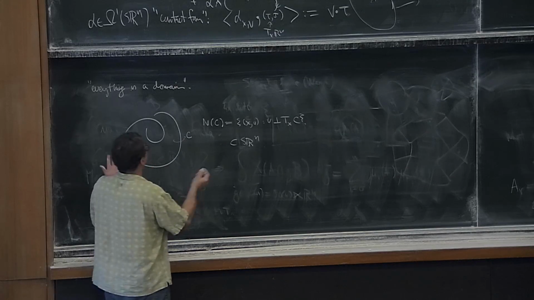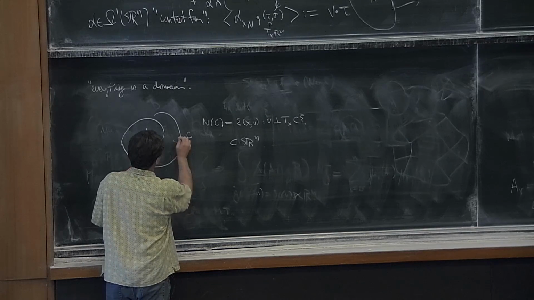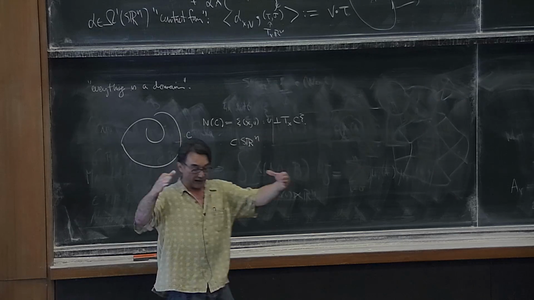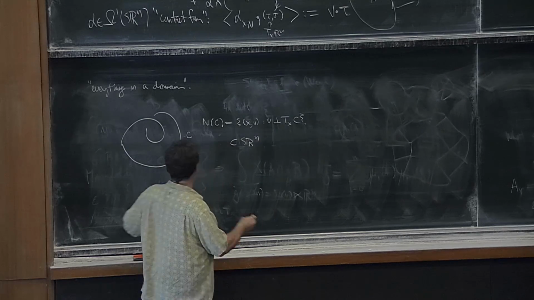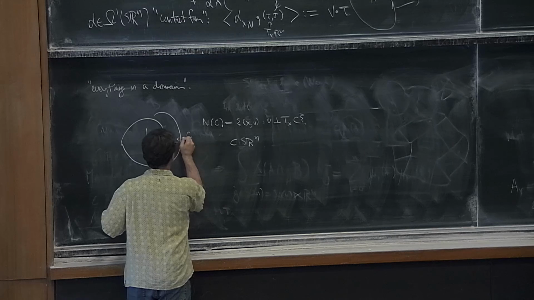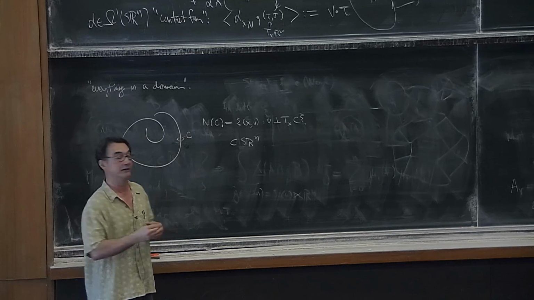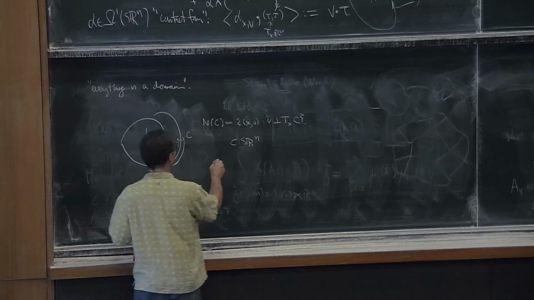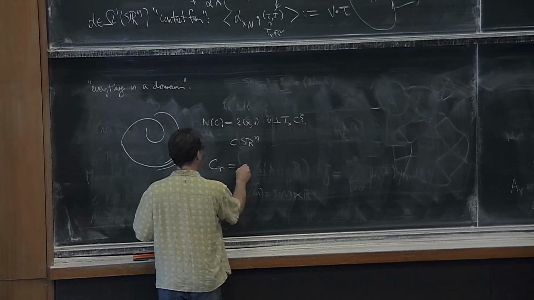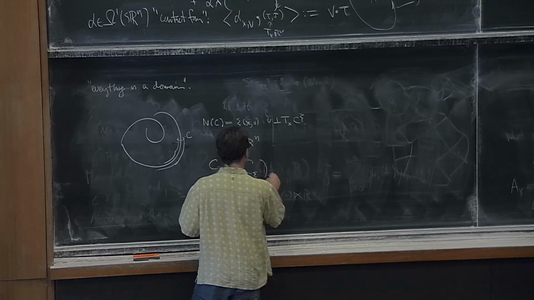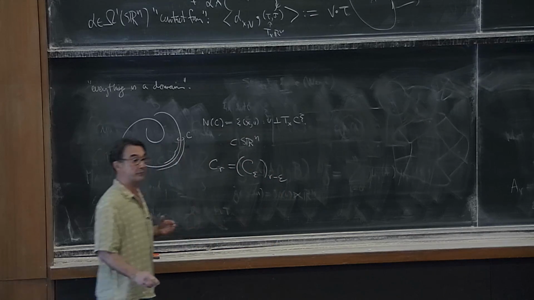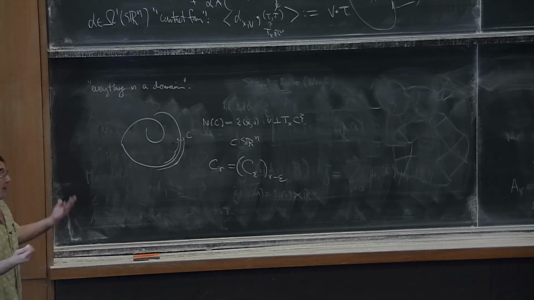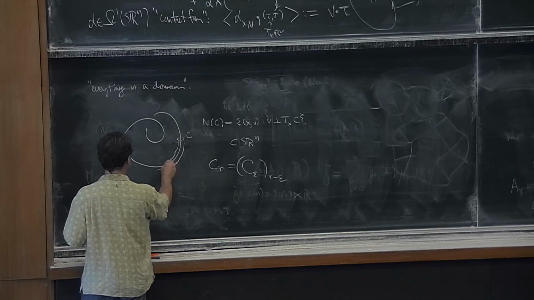But another way of doing that is, before we go all the way out to radius r, one thing we can do is just go out to some tiny little radius epsilon, and then I can think of c sub r as c sub epsilon, r minus epsilon, so the r minus epsilon tube around the epsilon tube, and now the epsilon tube is actually a nice domain.